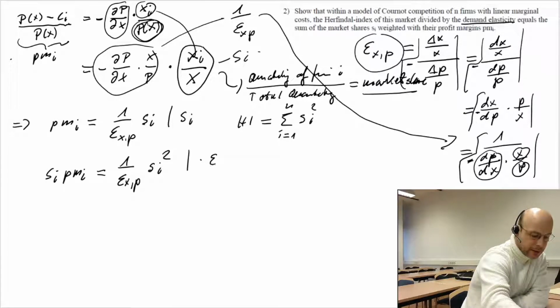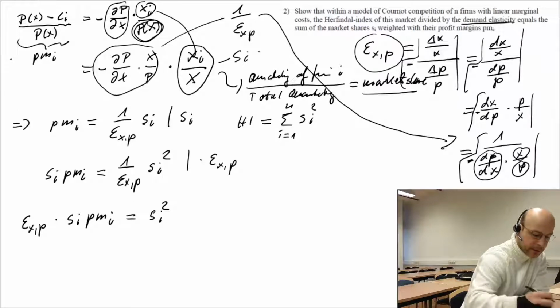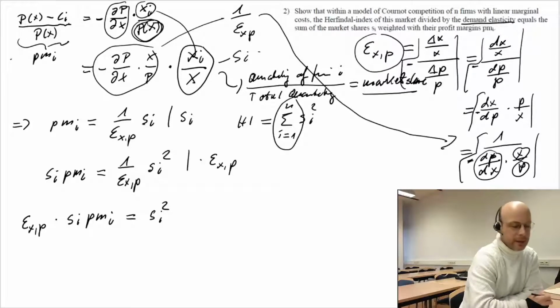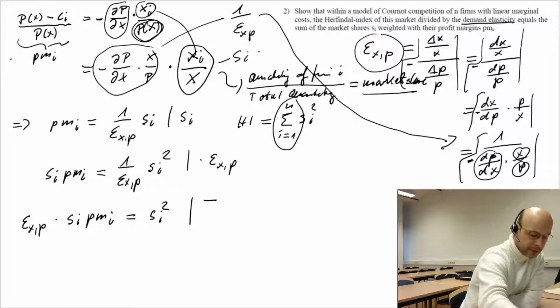Multiplying with the demand elasticity, we obtain epsilon xp times Si PMi equals Si squared. And in order to get in the end the Herfindahl index, we have to sum over all i.